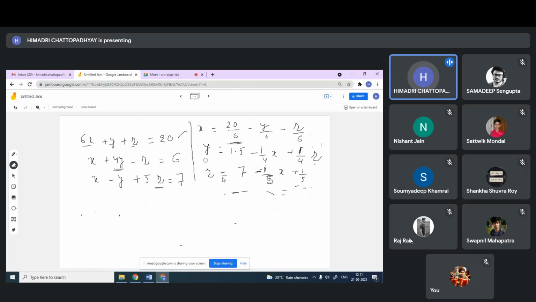So you can write like this, that I want to see the A matrix as 0, minus 1 by 6, minus 1 by 6, because there is no x.